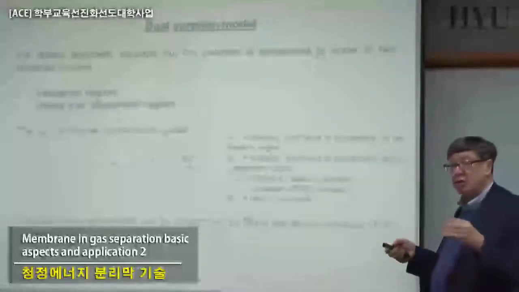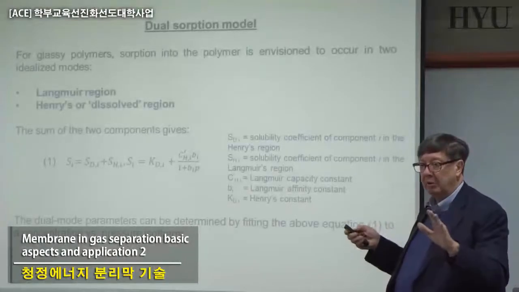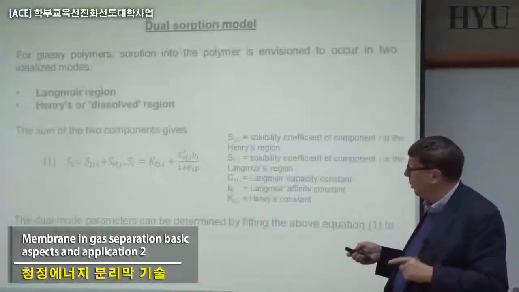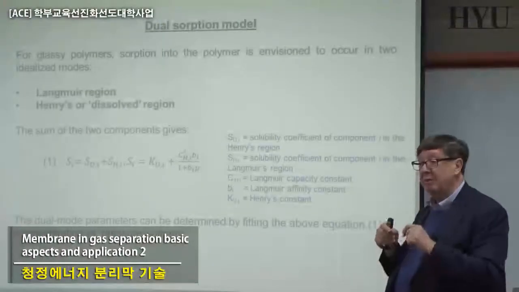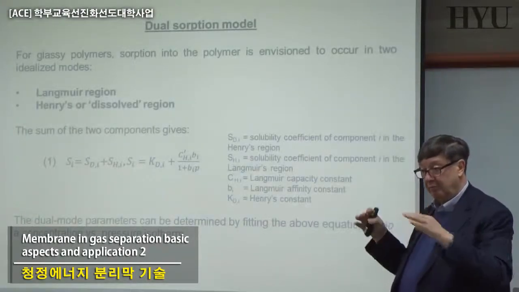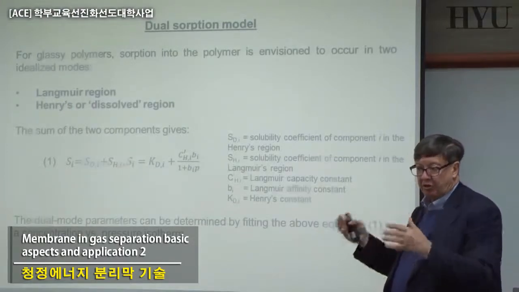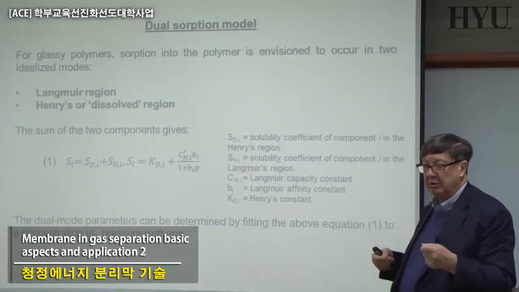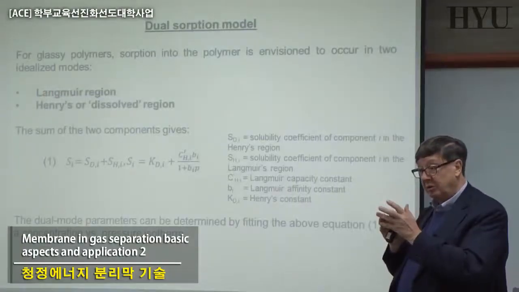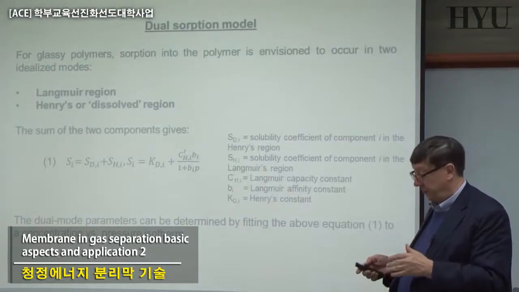So there are regions in which your penetrant just dissolves and diffuses easily, without any problem. The other ones are Langmuir, which means there are specific interactions of your penetrant with the polymeric matrix. This interaction can be of chemical origin, chemical bonding, or just geometric, like a cage, or entropic. There are a lot of these phenomena.